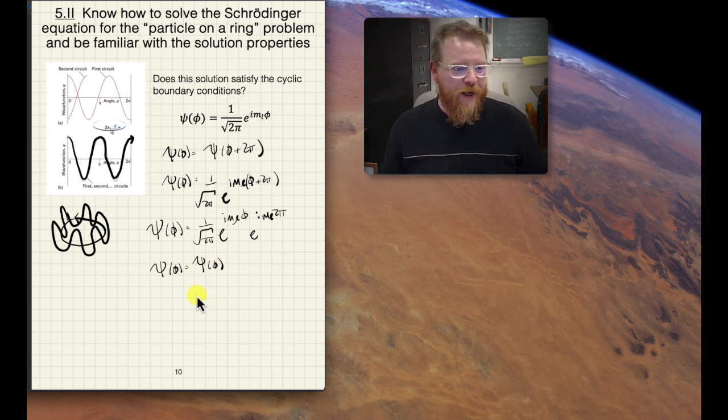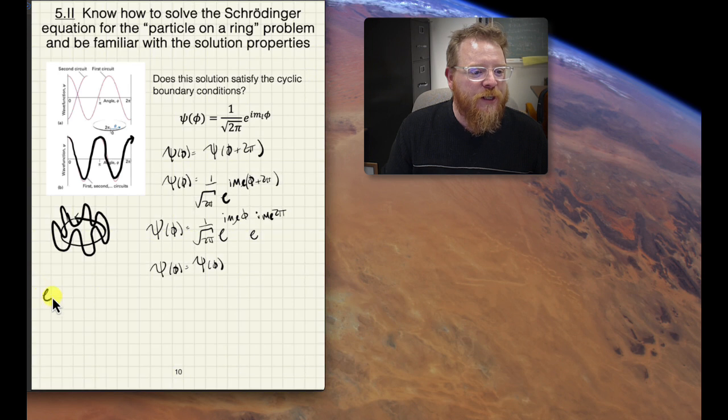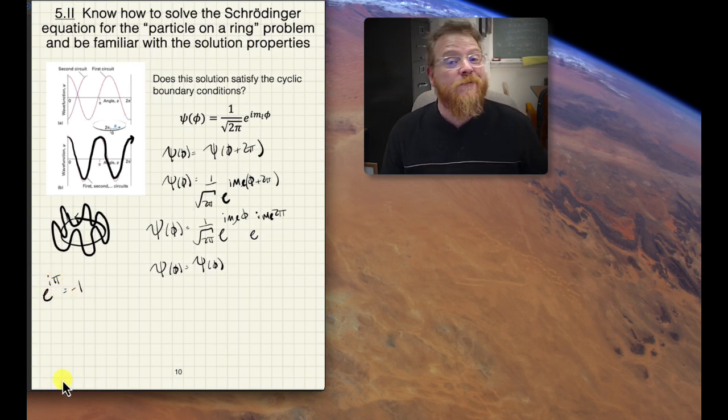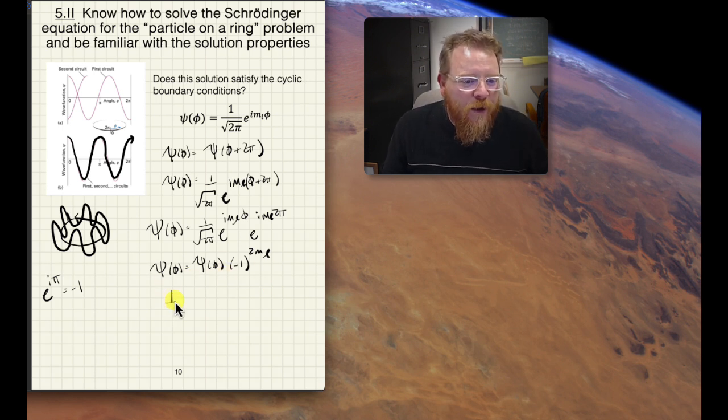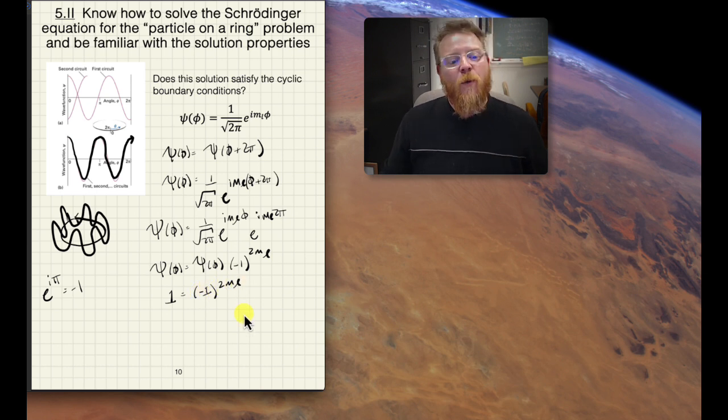There's another trick that I can make from the Euler relations, and that's the following: e to the i pi equals -1. So I can replace the e to the i pi with -1, and then that's raised to the 2 m_l power. I can divide both sides by psi of phi, and I get 1 equals -1 raised to the 2 m_l power.